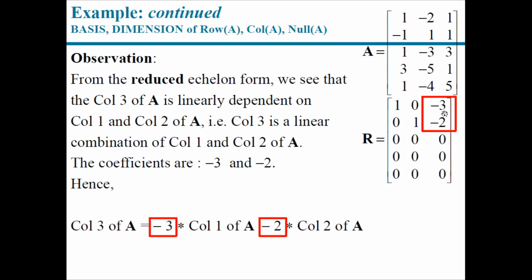It tells that column 3 of A is minus 3 times column 1 of A minus 2 times column 2 of A. So here is the formula. Column 3 is minus 3 times column 1 plus minus 2 times column 2. Finished. So reduced echelon form gives you the coefficients for linear combination. Amazing.